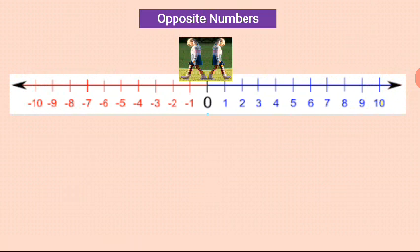On the screen, you see two girls standing on number 0, but their faces are in different directions. One girl faces the right side direction and the second girl faces the left side direction.